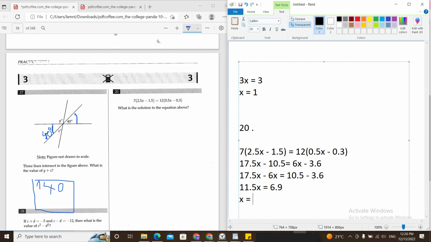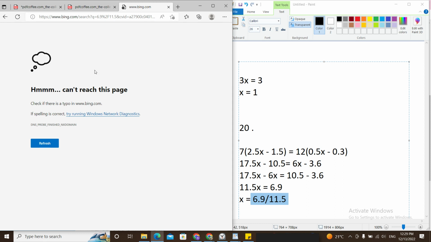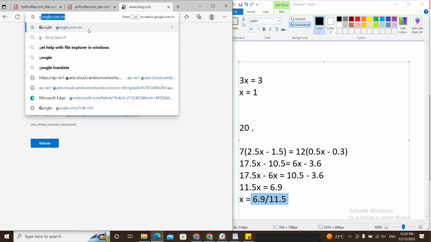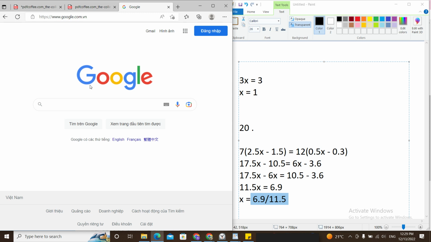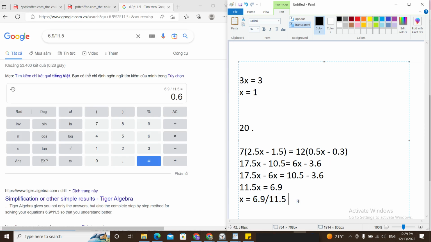So x is equal to 6.9 over 11.5. So that is roughly, let's use a calculator. 6.9 over 11.5 is 0.6. Yeah, that's 0.6. So the answer for 20 is 0.6.